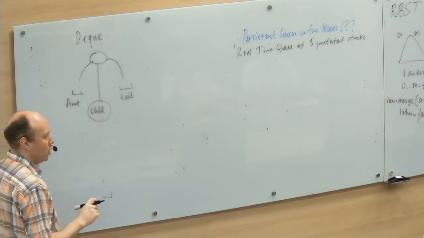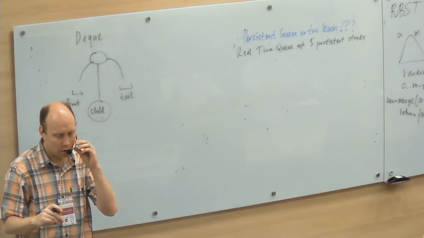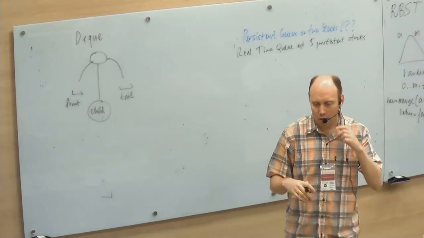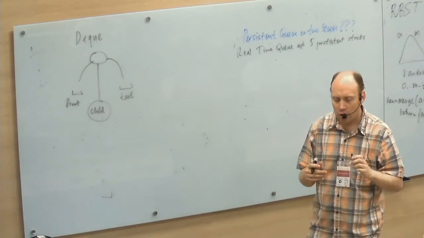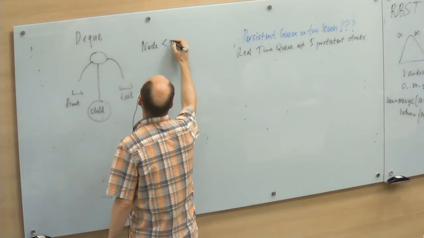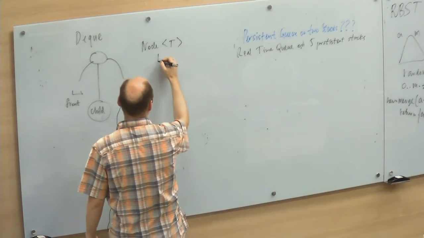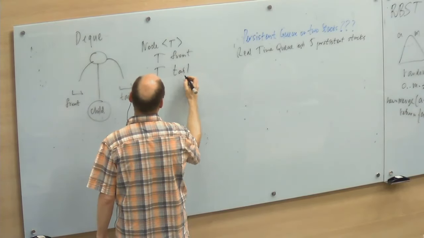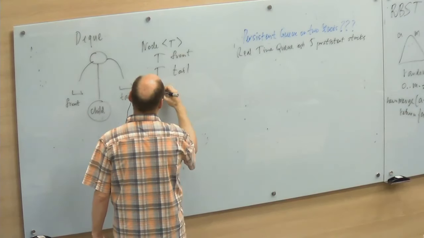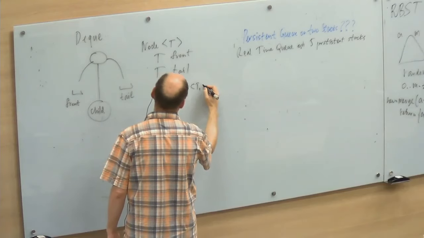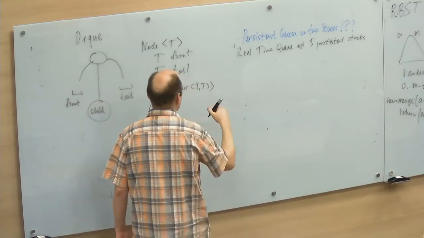So you cannot write it in C++, but if you try it, it would look something like that. So node of T has T front, T tail, and a node of pair of T, T child.